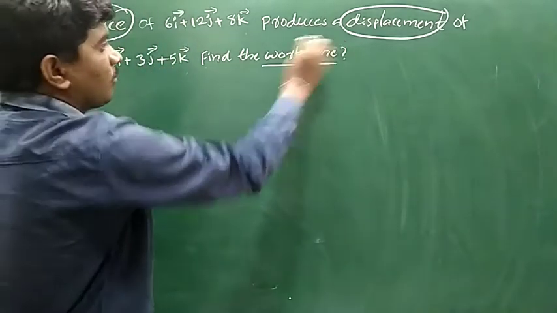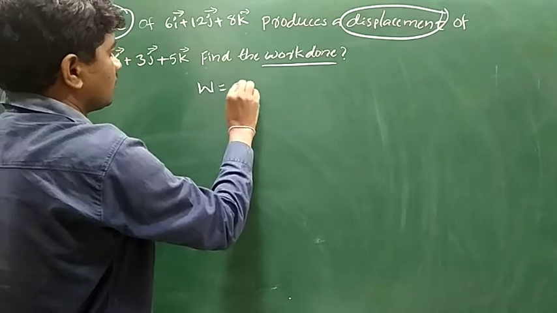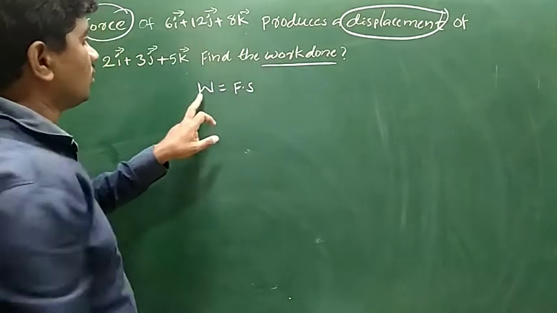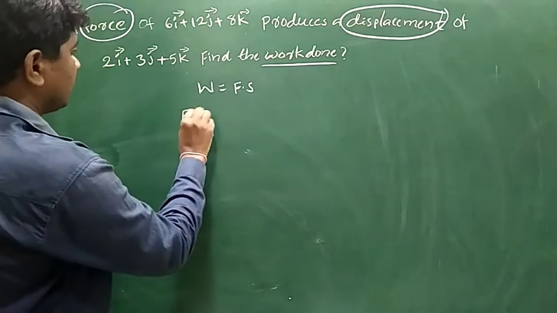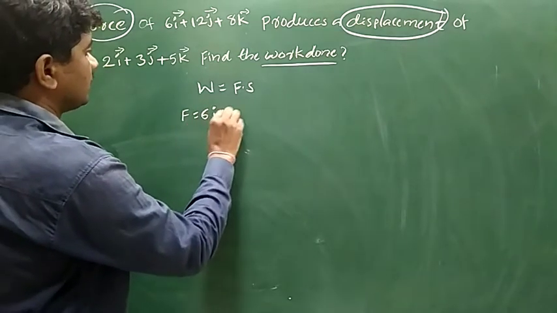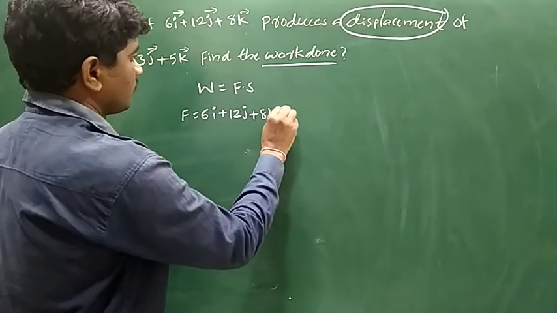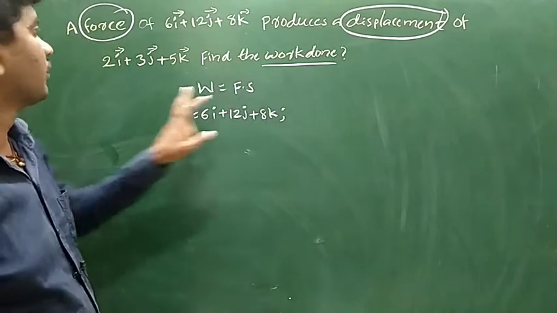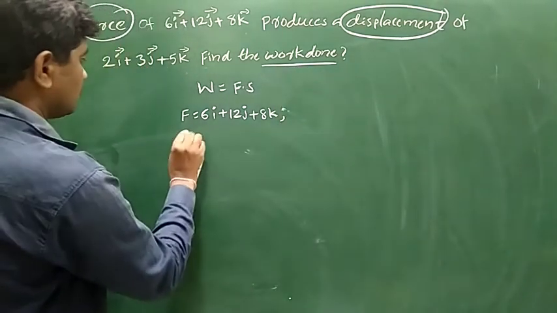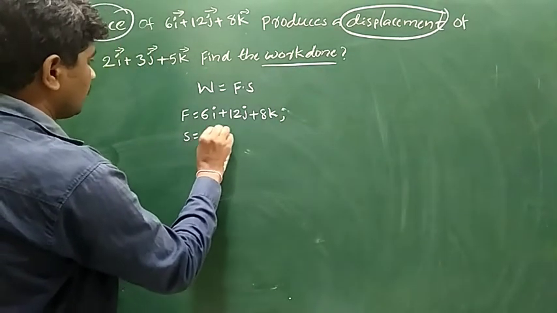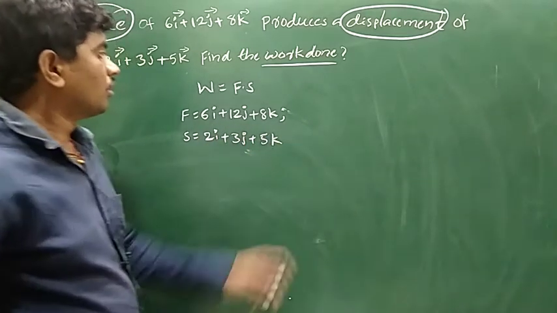First of all, the formula of work done: W equals F dot S. Now, the work done is equal to F dot S. F equals 6i plus 12j plus 8k, and S equals 2i plus 3j plus 5k, to find out the work done.